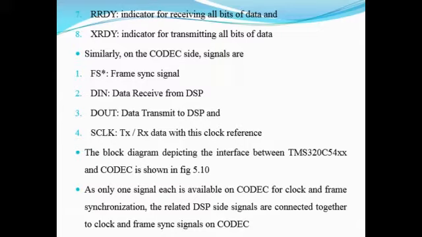So the signals generated by the DSP device are connected together to the clock and frame sync signals on the codec. Since only one signal is available on a codec for clock and frame synchronization, the DSP side signals, which are generated by the DSP device, are connected together to the clock and frame sync signals on the codec. So that is what we are supposed to have for a codec in the form of synchronization.